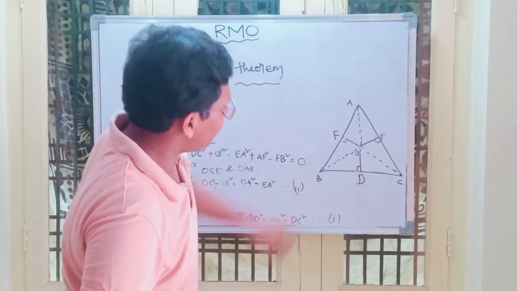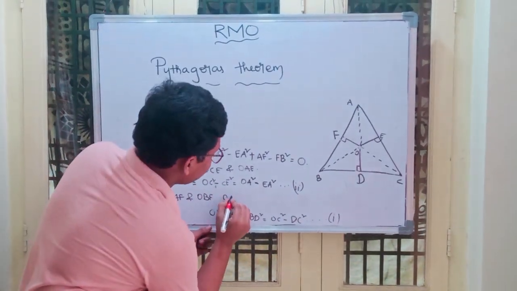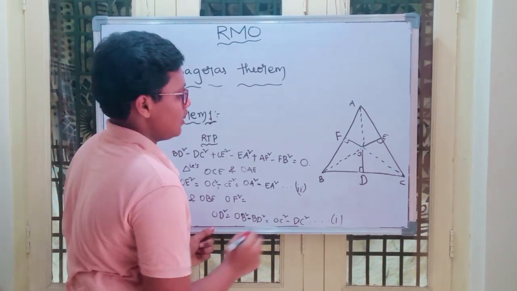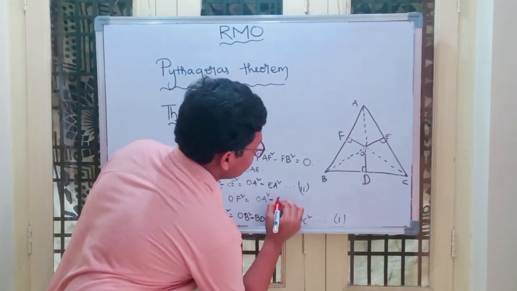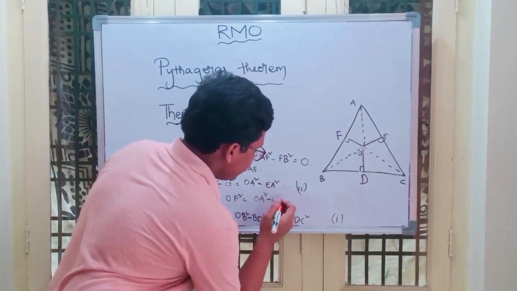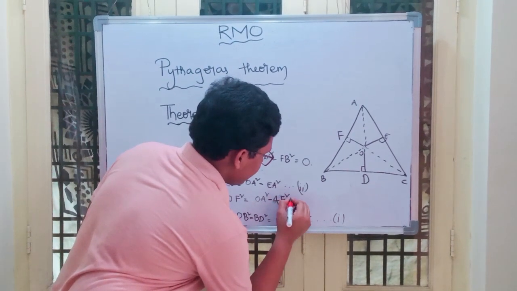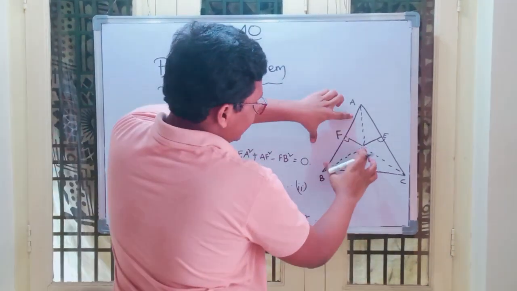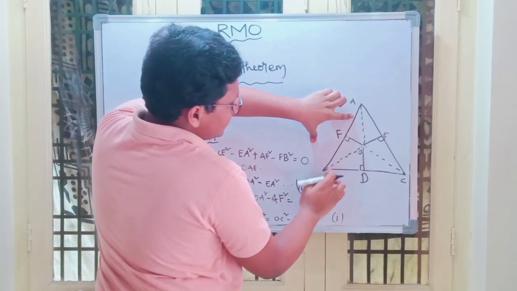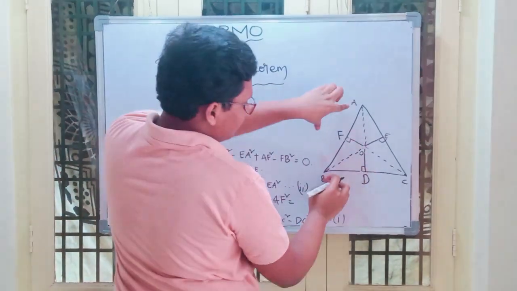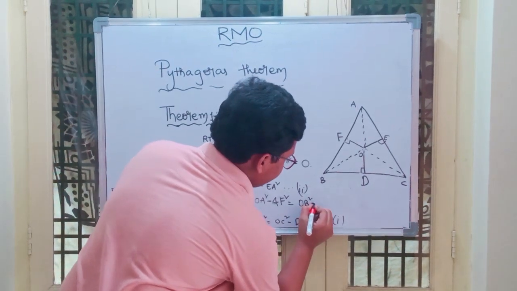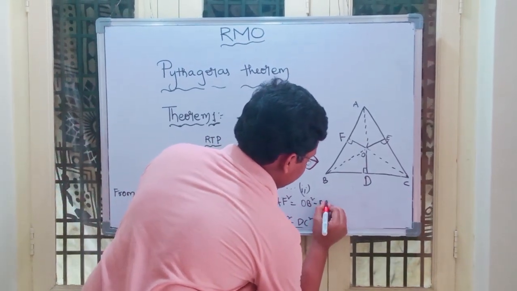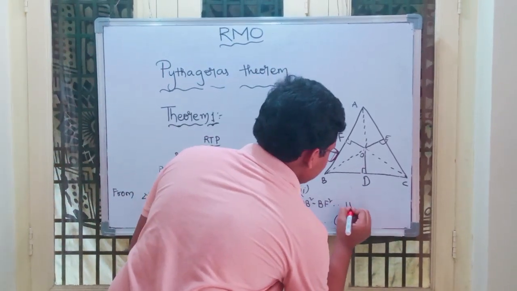Now, by using Pythagoras theorem, OF square is equal to OA square minus AF square. And that is equal to, in this triangle, OB square minus BF square. And this is equation 3.